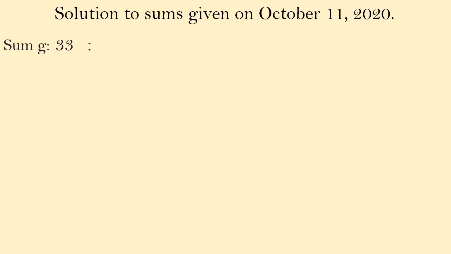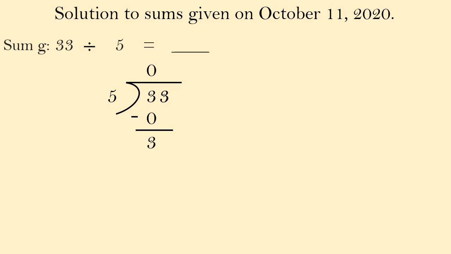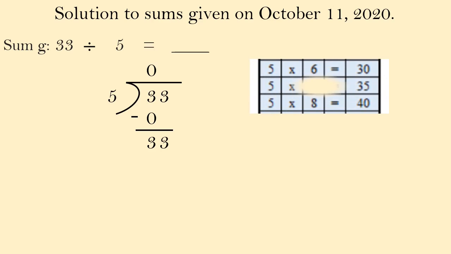So our next sum is 33 divided by 5. Since 5 does not go into 3, we'll write 0. 5 into nothing is nothing. 3 take away nothing is 3. We bring the 3 from the units place on top. Now we have 33. In the 5 times table, find a number that is less than or equal to 33.